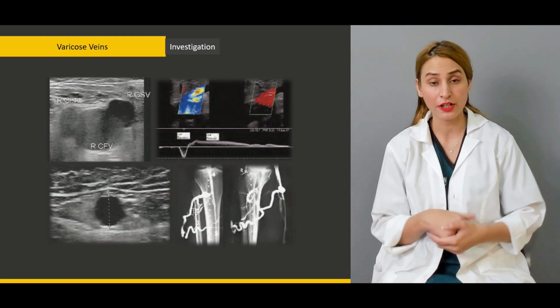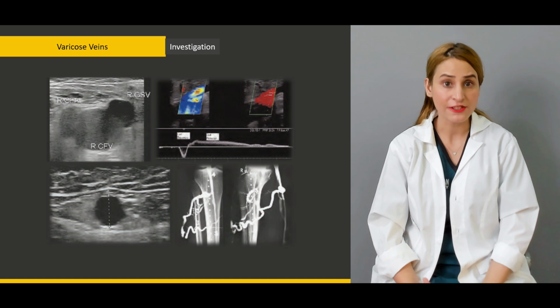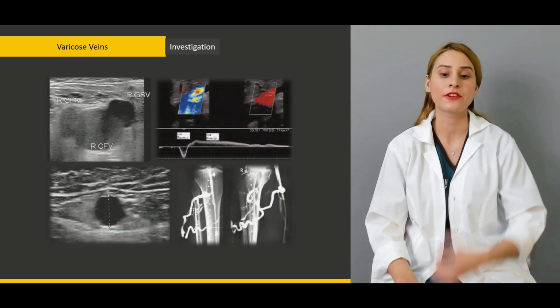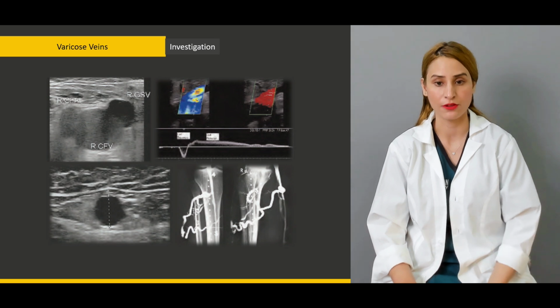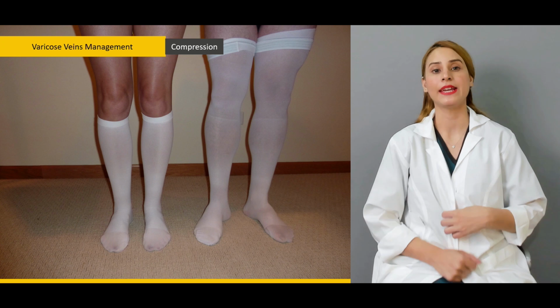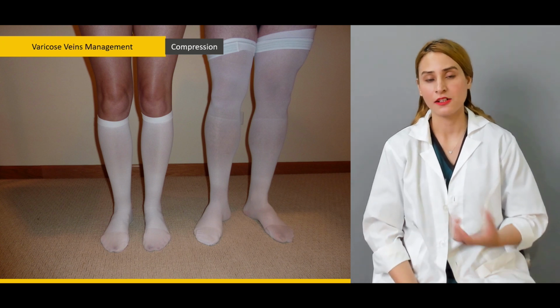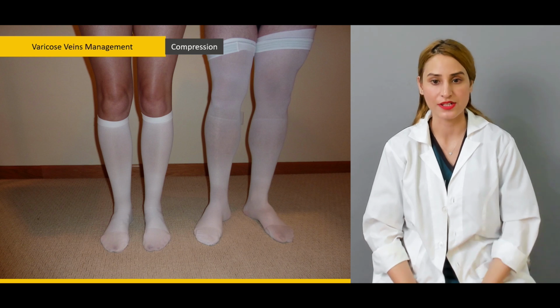You can look for the perforators as well. Through color Doppler, duplex ultrasonography, you can also order for contrast venography or MR venography. So this was about the investigation, particularly for the varicosities or the dilated tortuous veins.